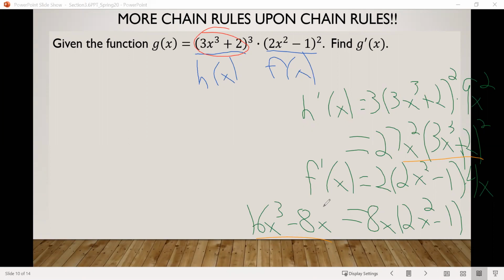Let's find the derivative of the function g. And remember, we're using the product rule here, because we have two functions being multiplied.